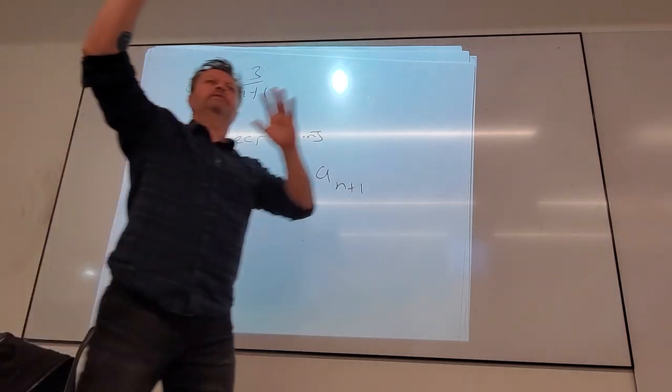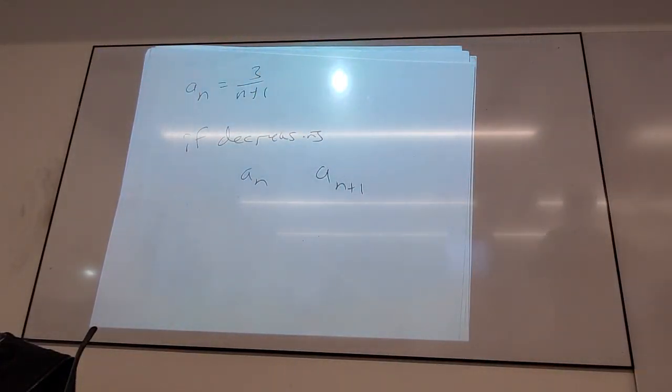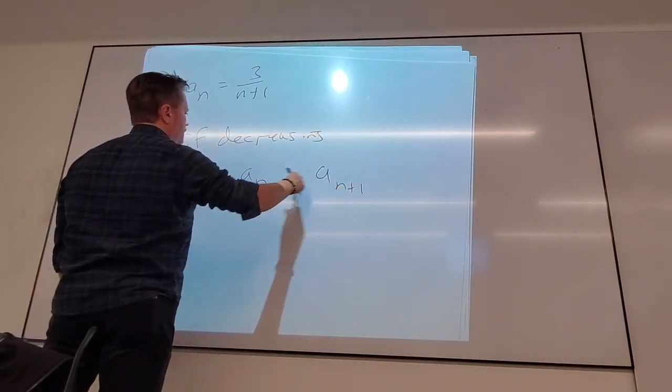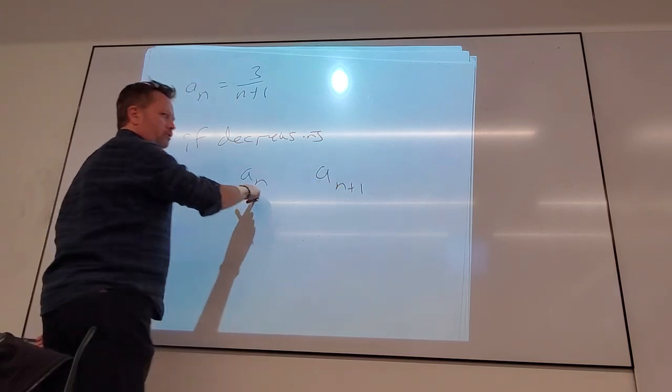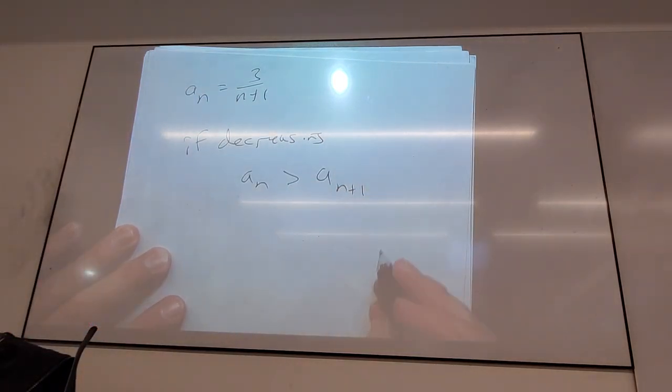How much should one term be versus the next term? Which one is bigger? The first term. Because every time, if it's decreasing, the next term should be smaller than the term before, yes? So this should go like this, yes?